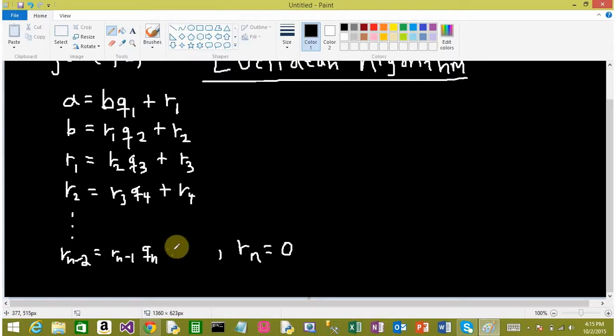That tells us to stop with the Euclidean algorithm, and we'll actually get our greatest common divisor. The greatest common divisor will be this value right here, Rn minus 1. So there's our GCD of A and B.